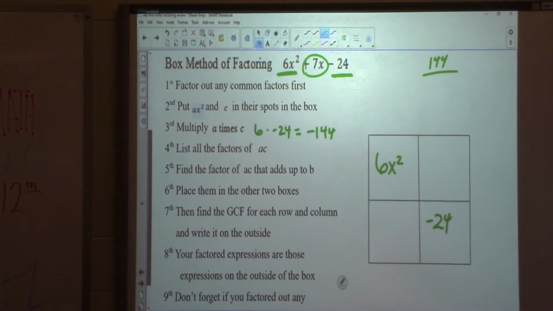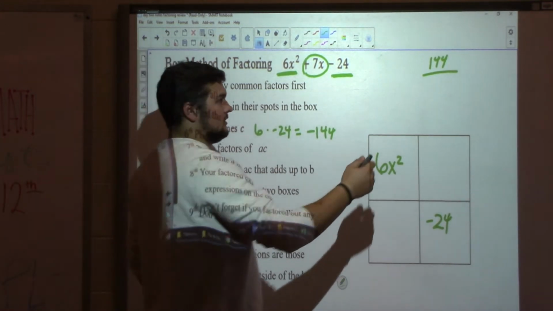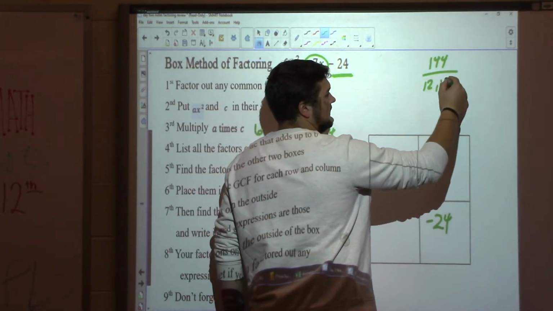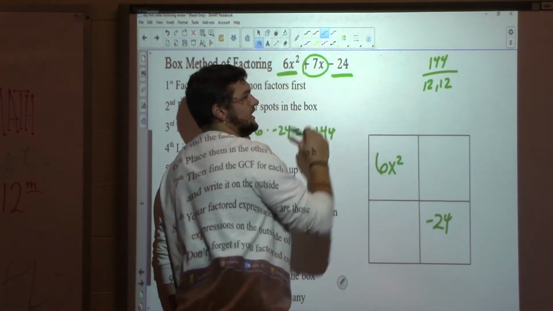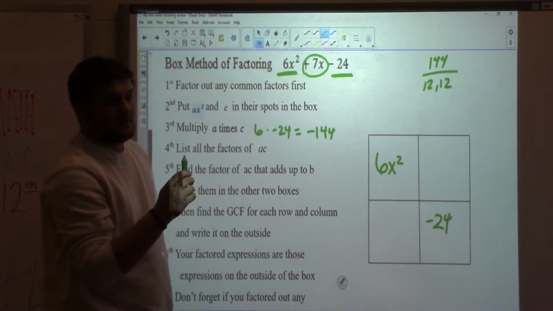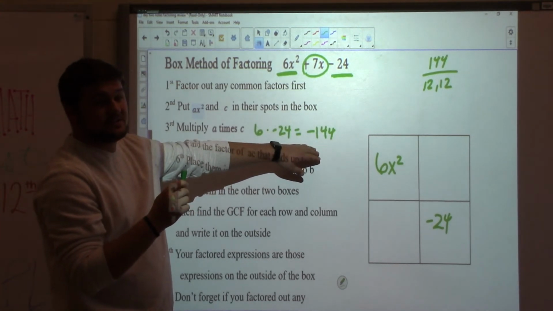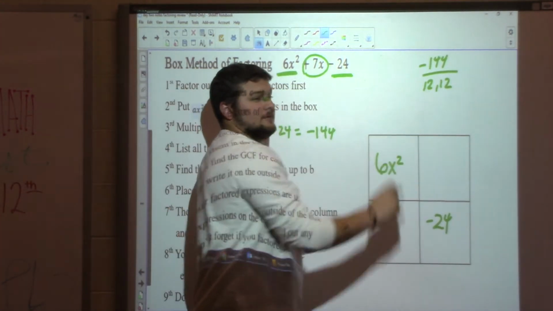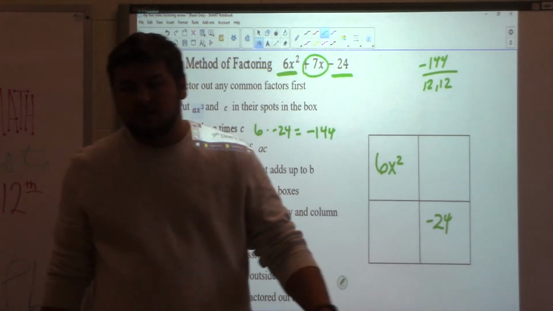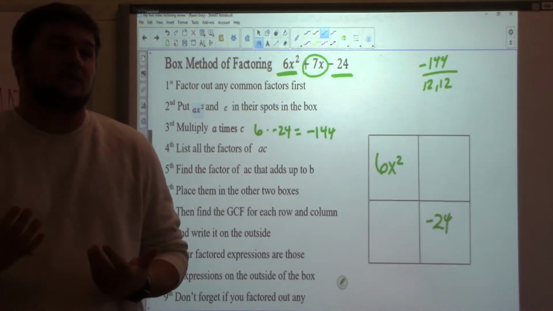Right? So what are some factors of 144? 12 and 12. Does that add to 7? No. Remember also, one of them's got to be positive, one's got to be negative. So they should multiply to negative 144, right? Okay. What are some other factors of 144?